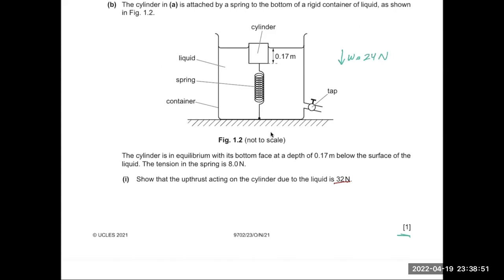Along with that, they've told you that there's a tension in the spring. And the tension in the spring is 8 newtons. These are the two forces.